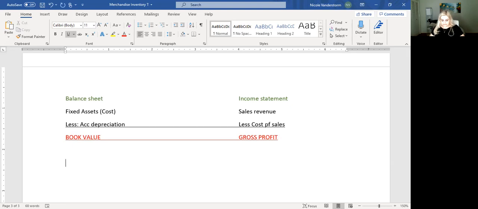If you think about what we did in chapters 1 to 4 on the service industry, the service business, the only thing that we did was we would debit cash as an example, or our accounts receivable, and then we would credit service revenue.